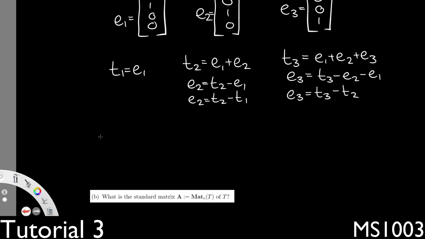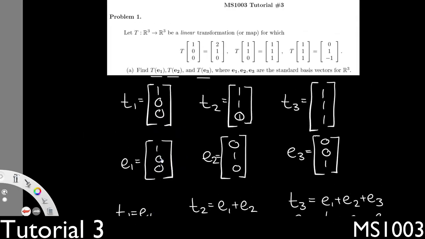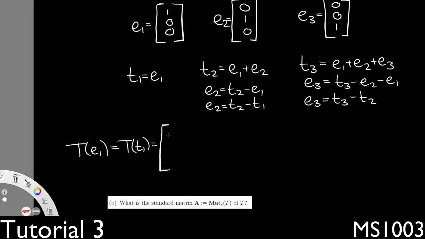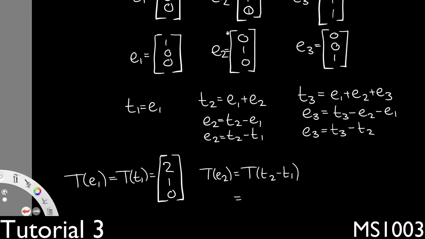So what that means is when I want to calculate T of E1, that really means I just need to calculate T of T1, and I'm given what T of T1 is. It's (2, 1, 0). So I have (2, 1, 0), like that. Now T of E2 is going to be T of T2 minus T1. It's kind of awkward, but I know the T is linear.